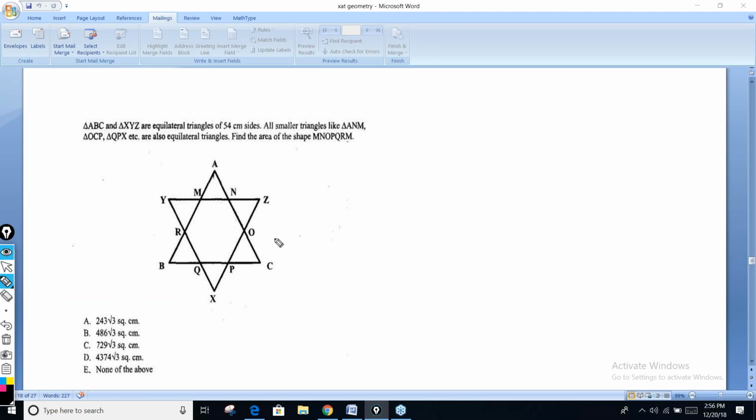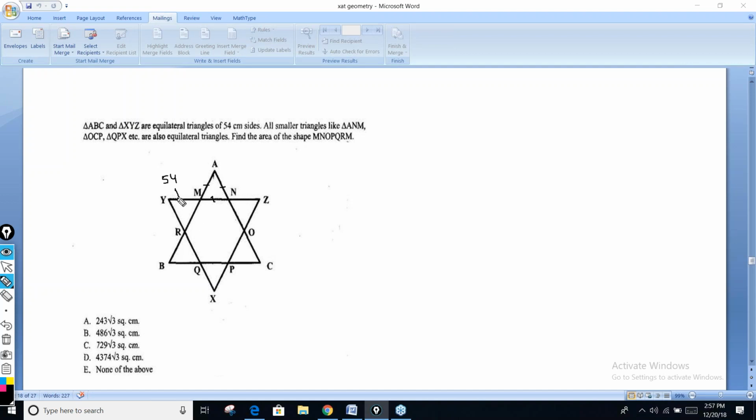Second question. Triangle ABC and triangle XYZ are equilateral triangles of 54 centimeter side. This side is given as 54 centimeters, the bigger side. All the smaller triangles are also equilateral triangles. So if they are equilateral triangles, these three sides have to be equal. This is possible when the figure is in symmetry.